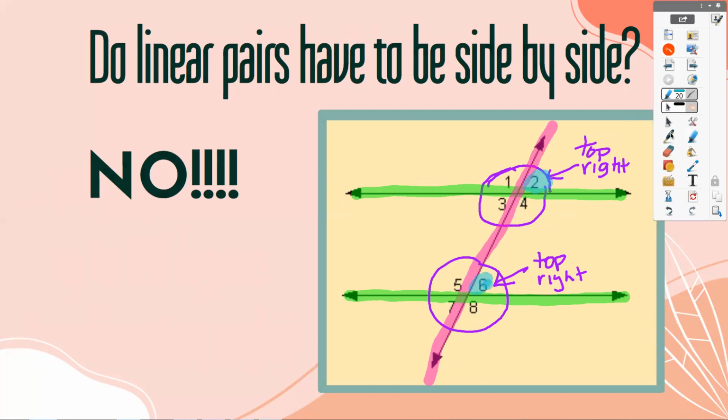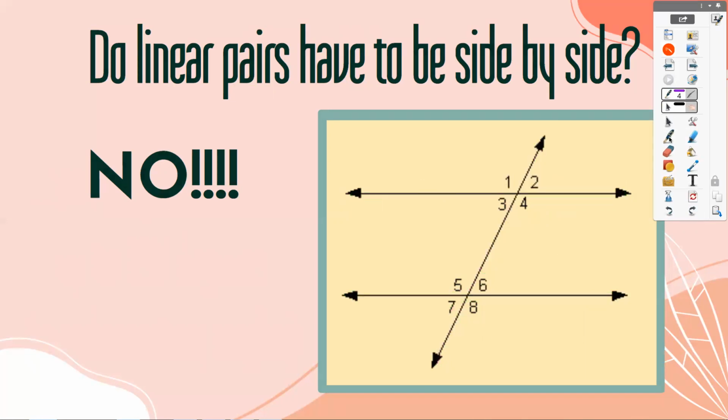Now, since they are corresponding sides, what that tells me is that if 1 and 2 equal 180 degrees, and if 2 is corresponding with 6, which means equal as well, then if I took angle 1 and angle 6, that would also give me 180 degrees.